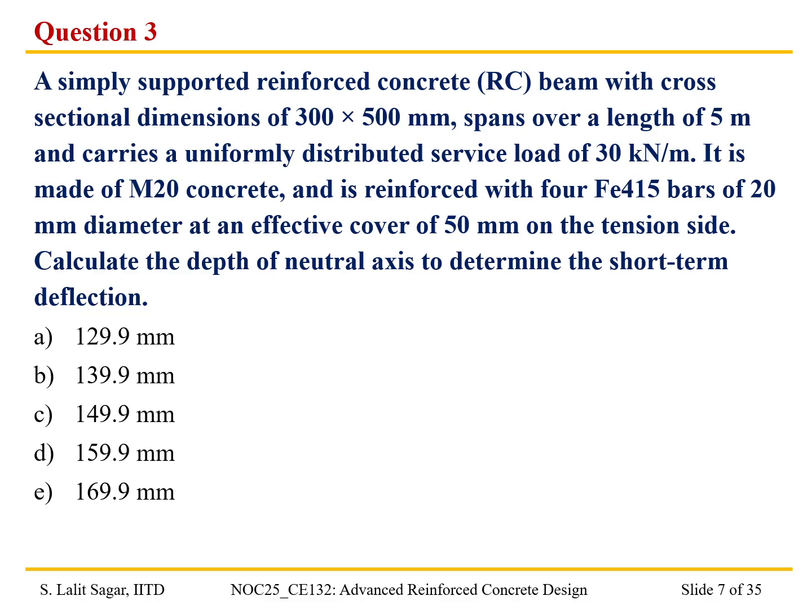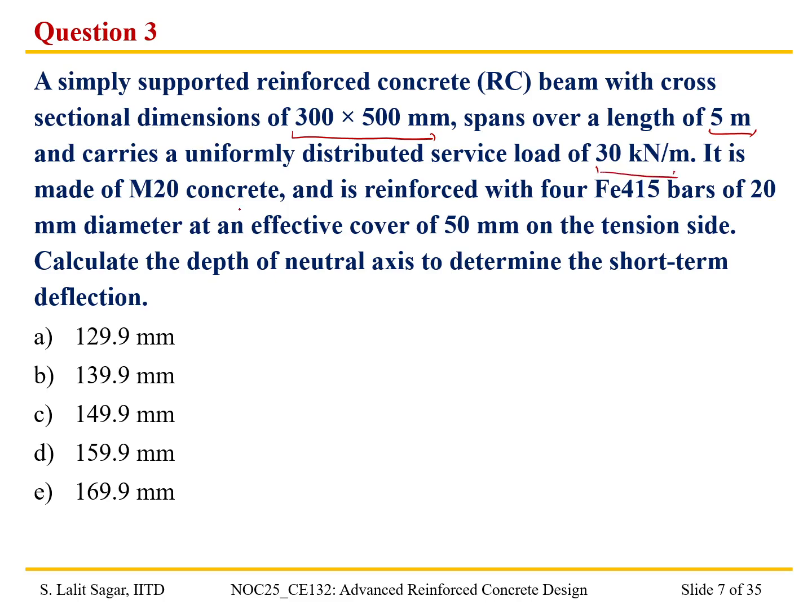Moving on, a simply supported reinforced concrete beam, which is having cross-sectional dimensions of 300 by 500 mm and a span of 5 meter, carries a service load of 30 kilonewton per meter, which is the UDL.